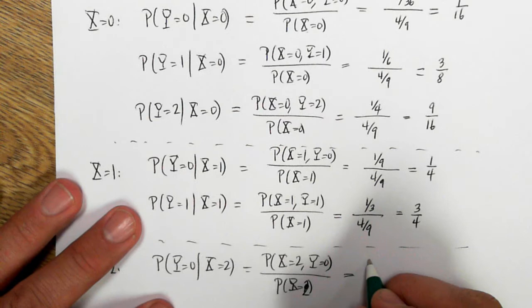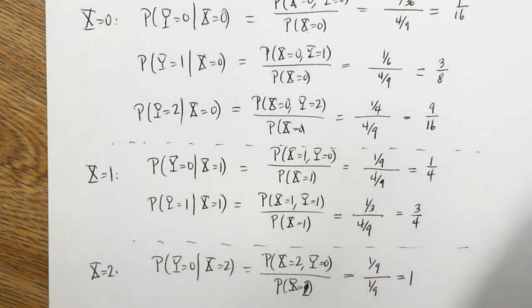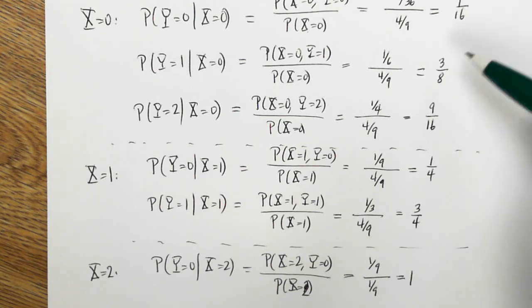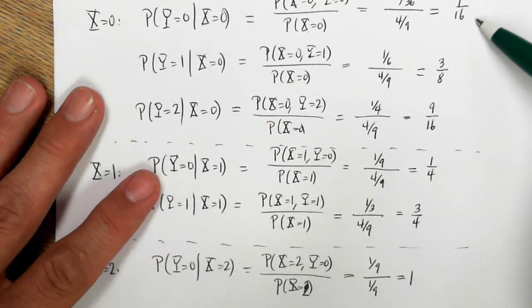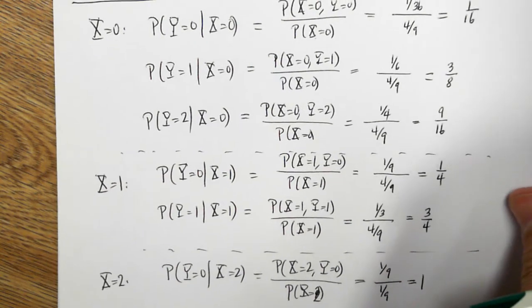And so this works out to be 1/9 divided by 1/9, which works out to be 1. Okay, so that is the conditional distribution of y given that capital X is equal to x. Now, it turns out that there is a shortcut way to be able to do all of these without doing the brute force. We'll talk about that in a couple of minutes.